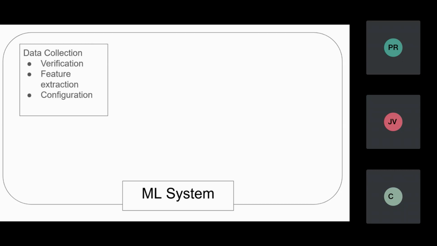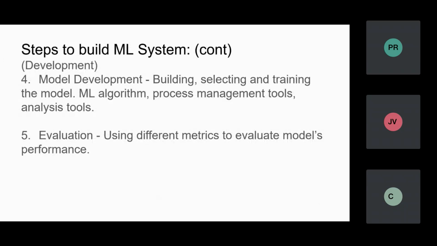We will keep on filling this diagram with the components that we will have. Entering the development field, we have model development, which is building, selecting, and training the model.